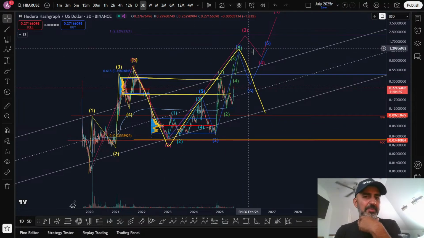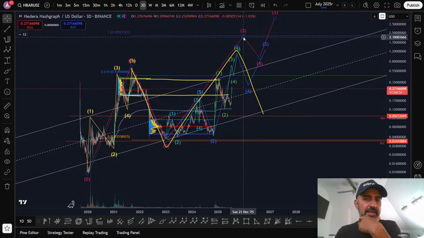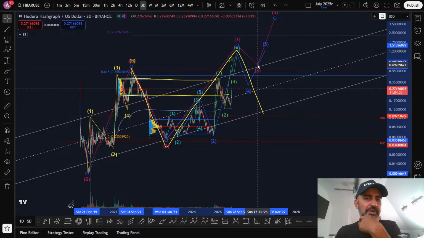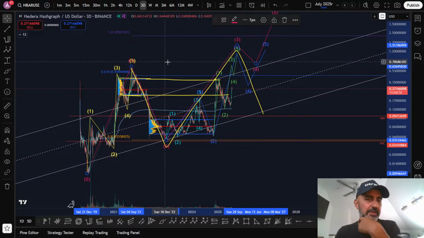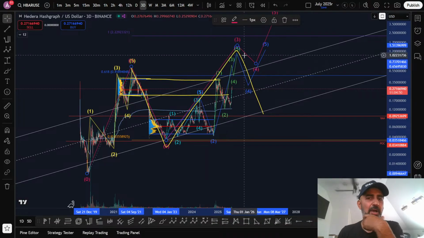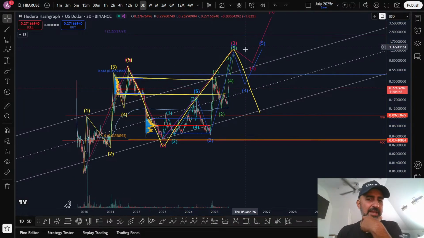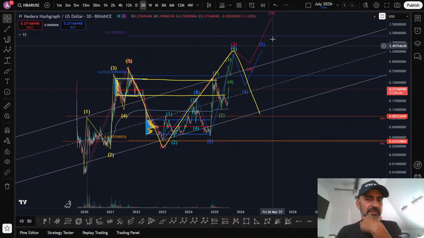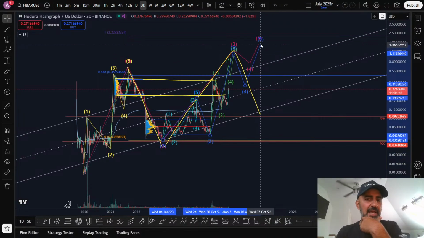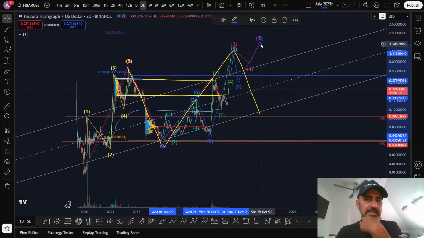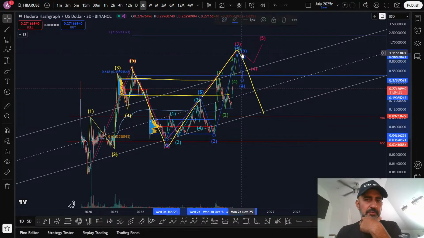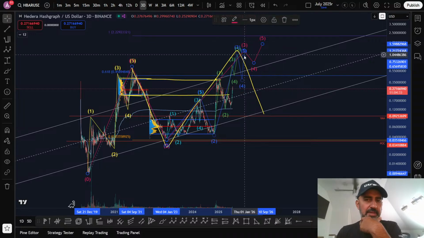This could trap a lot of people if they're waiting for the 3, the 4, and the 5, depending on how high you are aiming for the all-time high. But if you reject there and that's the end of the 3, then people are looking for the 5, and that's where they get caught out. And so what actually ends up happening is that would be the end of the blue 5. That's the 3. It would be like that.